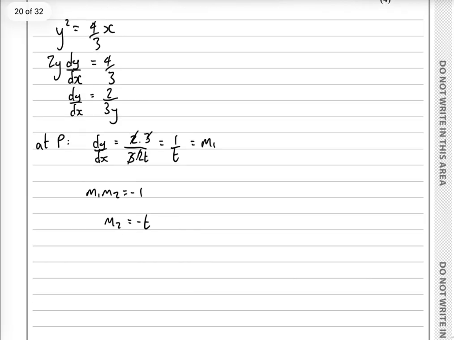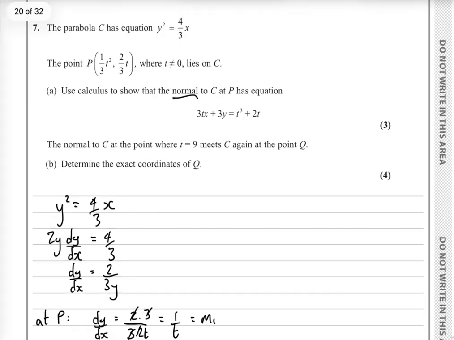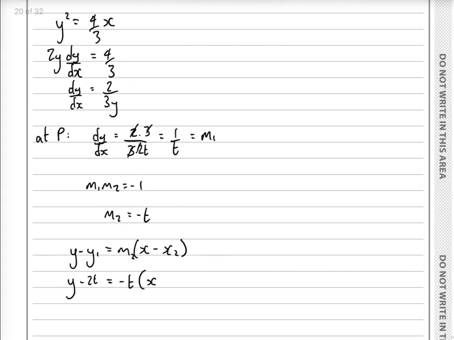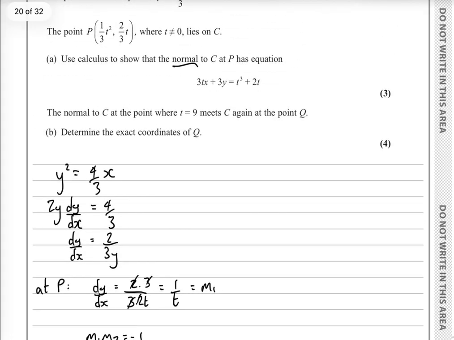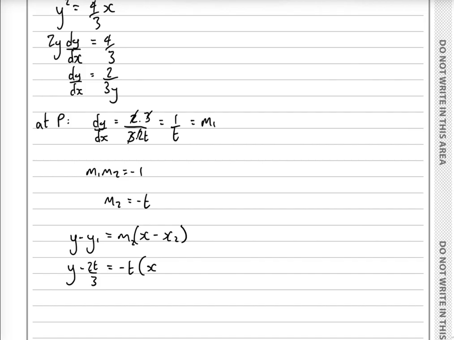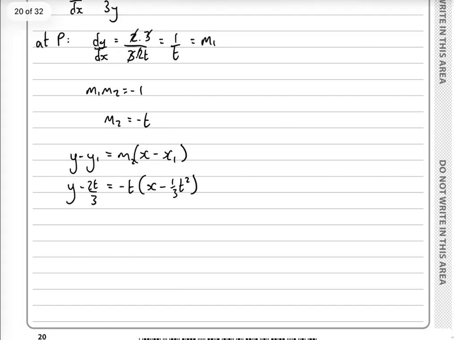Putting that into our standard line equation, whichever format you want to use, I'm going to use this one, together with the points, and the gradient here is minus t. Y doesn't change, x doesn't change, but then we need y1, x1: 2/3 t for y1, and 1/3 t squared for x1.